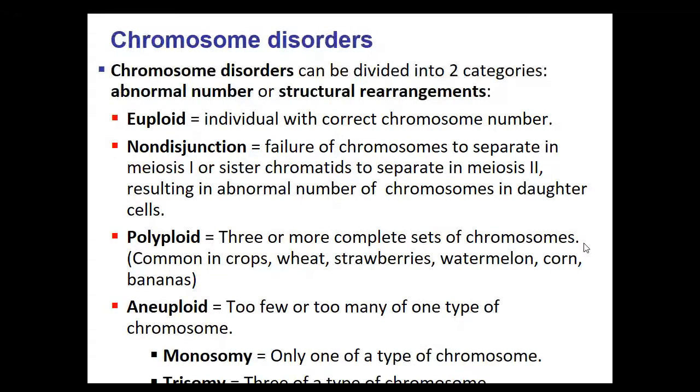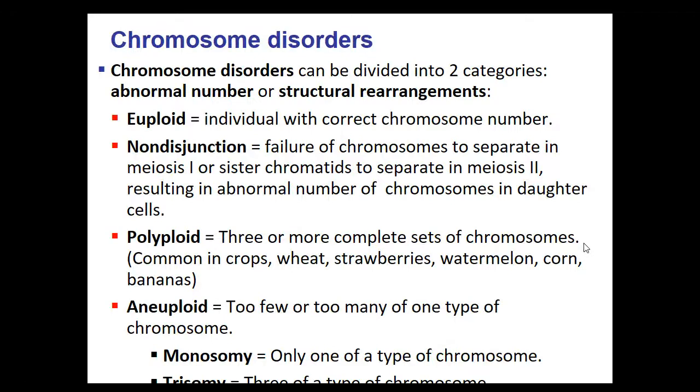Non-disjunction would mean it doesn't happen like it's supposed to. So what if instead of the sister chromatids separating into the daughter cells, maybe the number 7 chromosomes, both sister chromatids go into one daughter cell. The other daughter cell doesn't get any number 7 chromosome. That would be a case of non-disjunction.